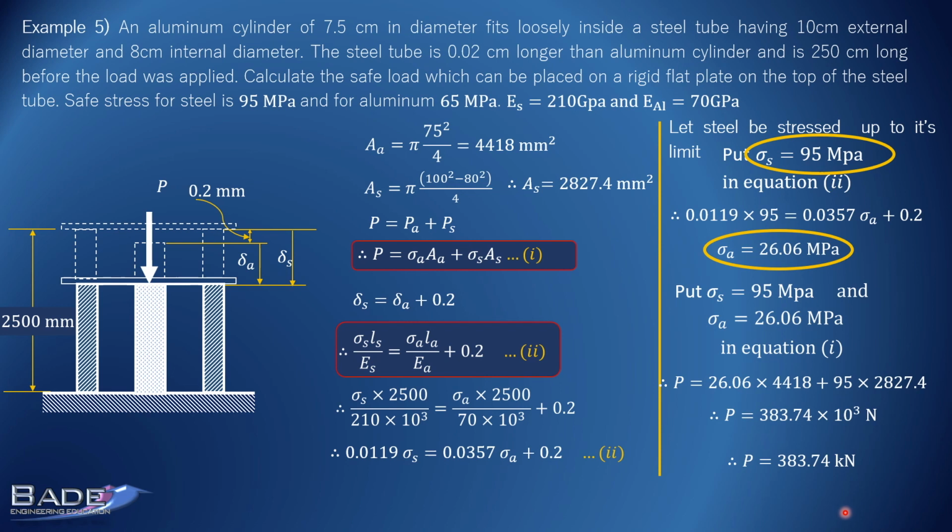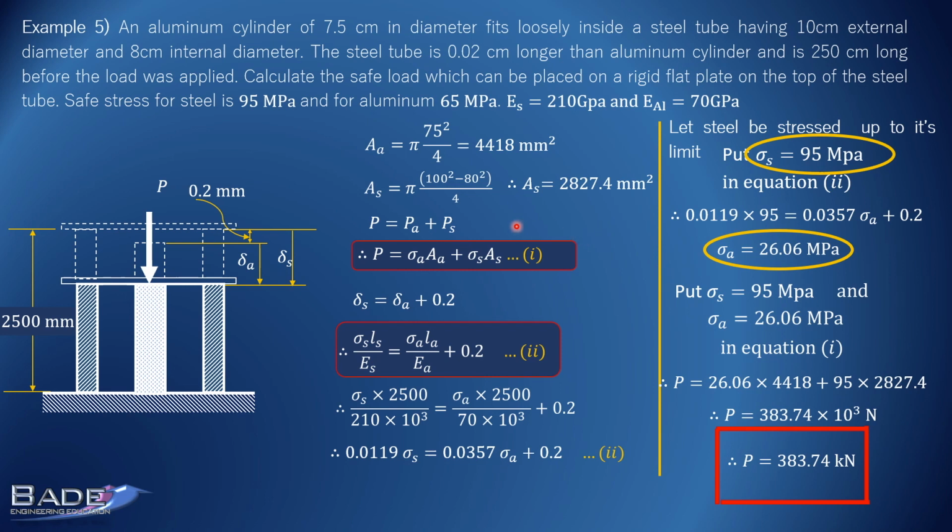So put these values in equation 1 and get the answer. Do these calculations yourself, and this is how we have found out the safe load. So once again, in the last problem and in this problem, I told you that when you want to find safe load or design cross-sectional area to carry a certain load, you must know safe stresses. When safe stresses are given, for the condition of equilibrium, write loads in terms of stresses, and for the relation between deformations, write deformation in terms of stresses, and check this logic.